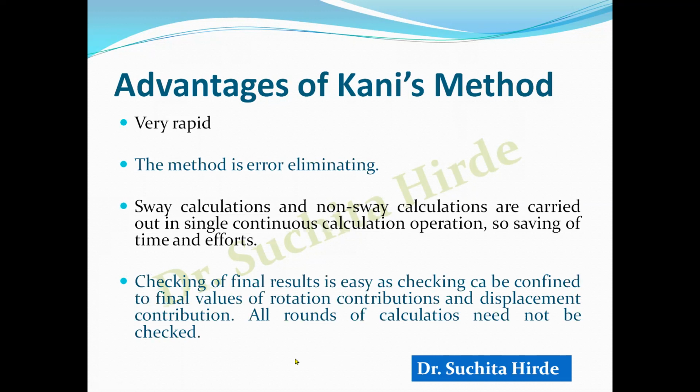Then checking of the final result is easy as checking can be confined to final values of rotation contribution and displacement contribution. All rounds of calculation need not be checked. In case of moment distribution method, we have to add all the values. Whereas here in Kani's method, we can get the final values from the last result only.